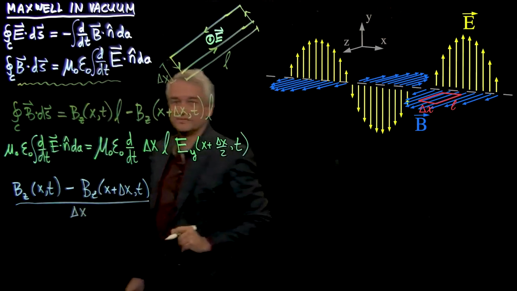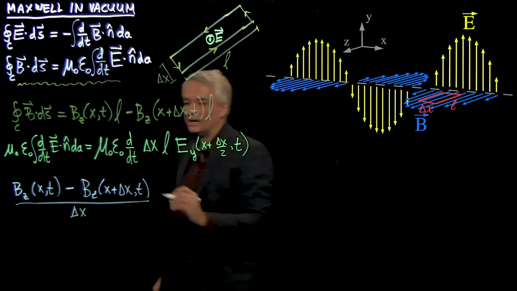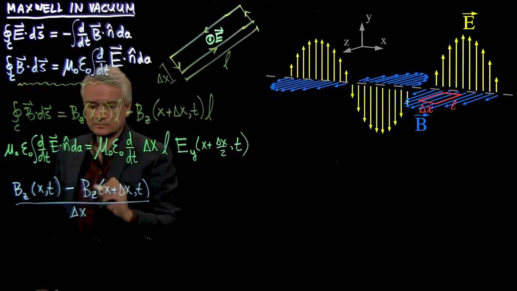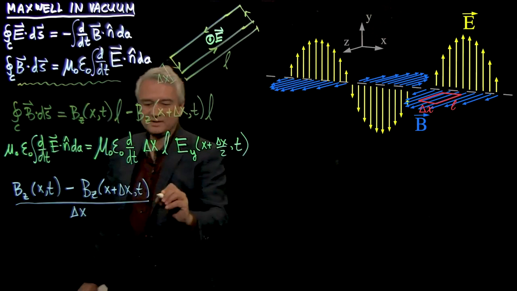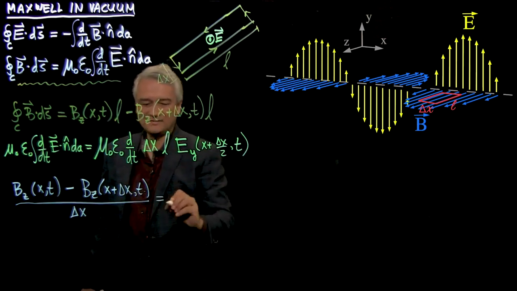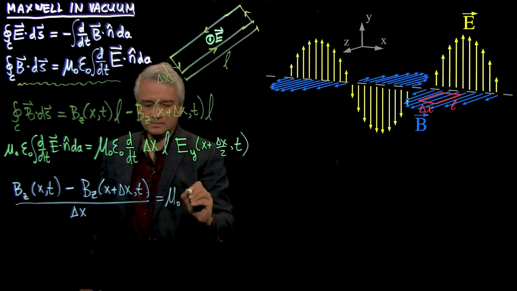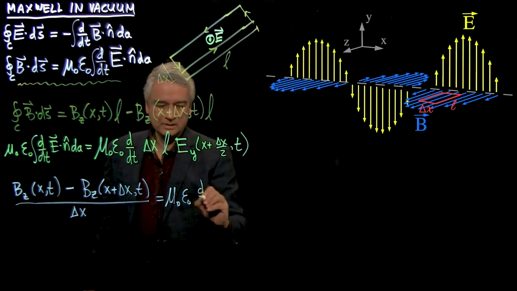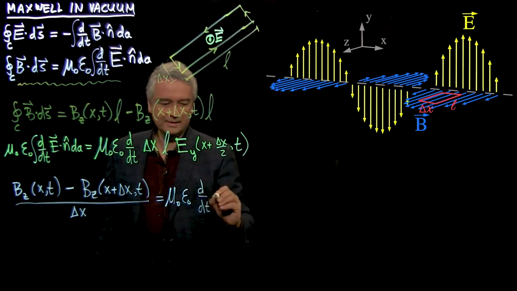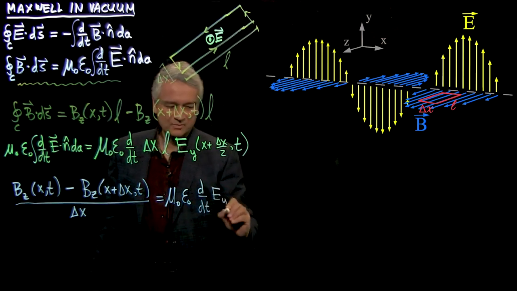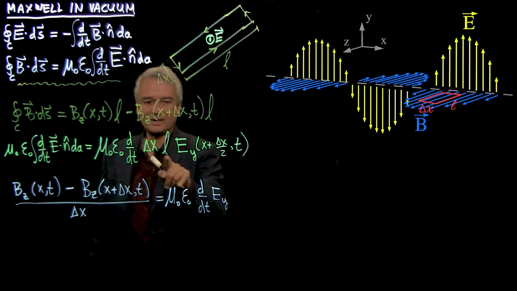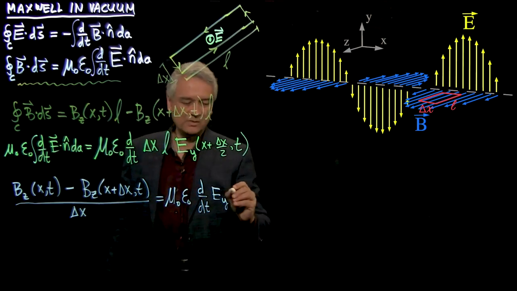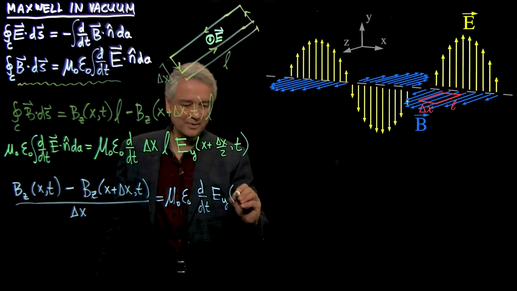And now this is a derivative. So what do I have left on the right-hand side? I have mu naught epsilon naught, and then a d by dt. My delta x has gone downstairs, my L has canceled, and I have Ey evaluated at the midpoint.